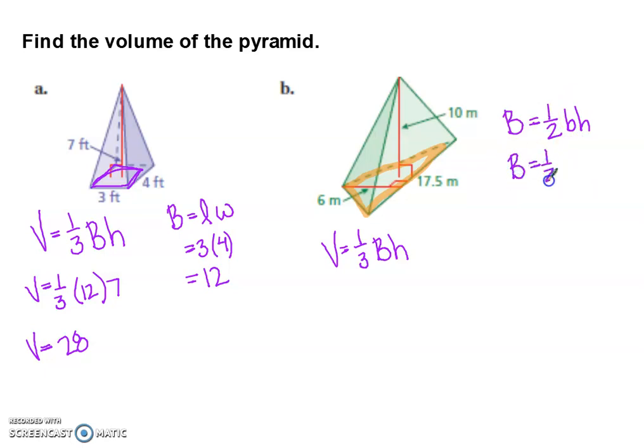And the base triangle is highlighted in orange. Its base is 17.5. Its height is 6. Half of 6 is 3, and 3 times 17.5 is 52.5.